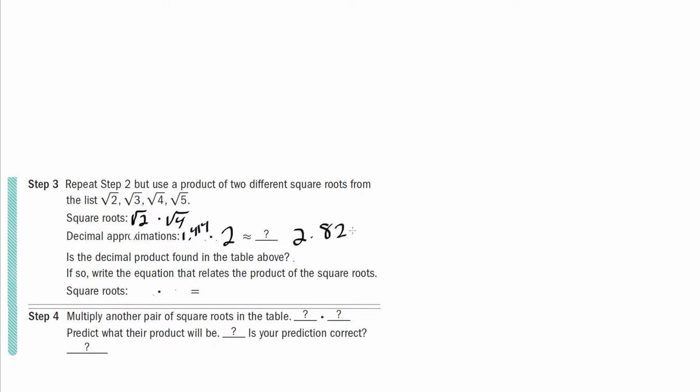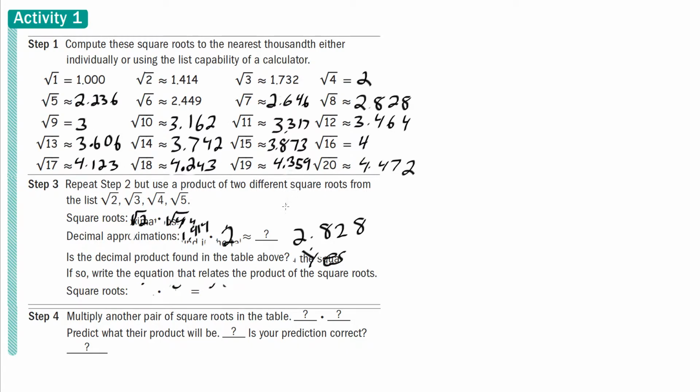Is the decimal product found in the table above? The answer is yes. Oh, wait, table above, okay. The answer is yes, it is. And if so, write the equation that relates the product of the square roots.